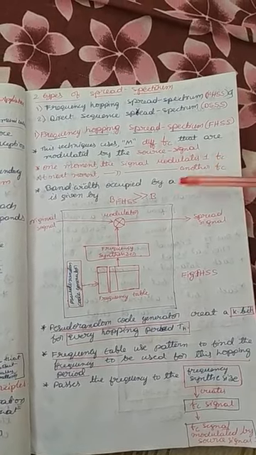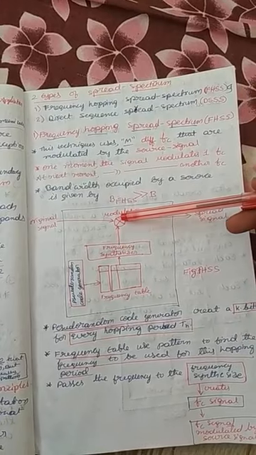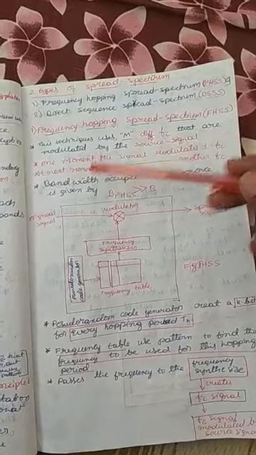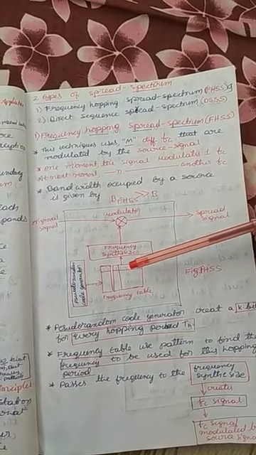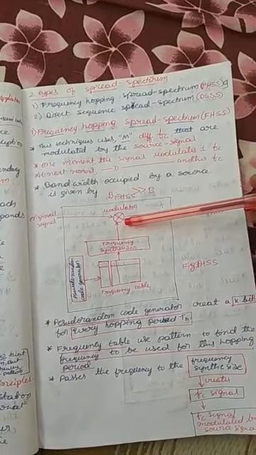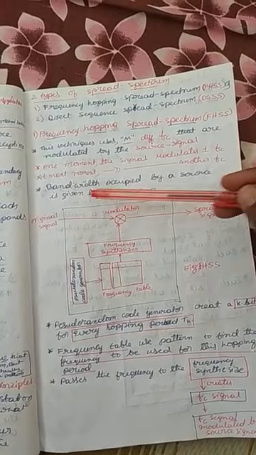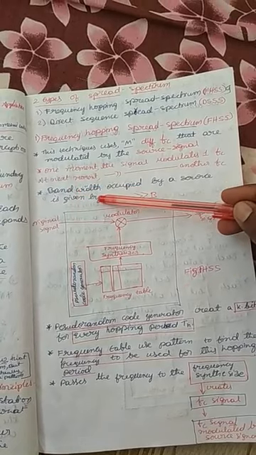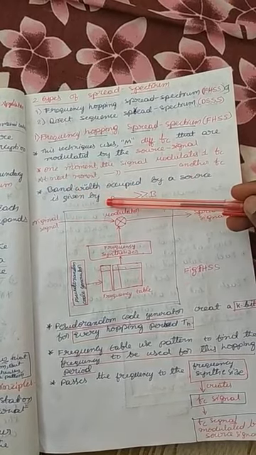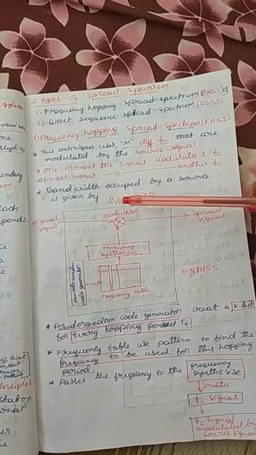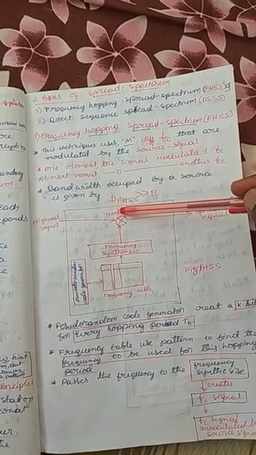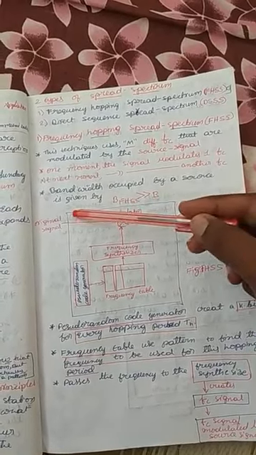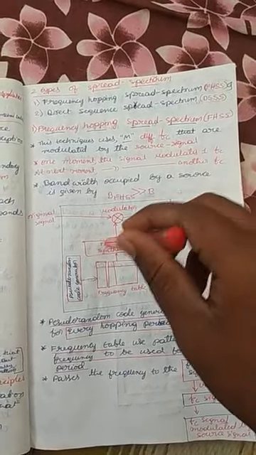At the next moment, it takes another carrier frequency and modulates it with the original signal. The bandwidth occupied by the source is given by this: the bandwidth of FHSS is greater than the bandwidth of the original signal.